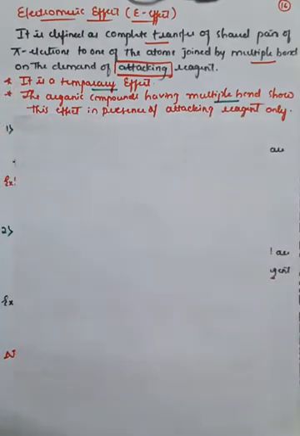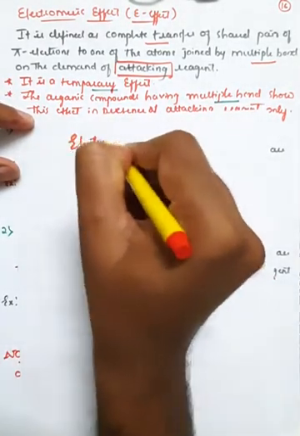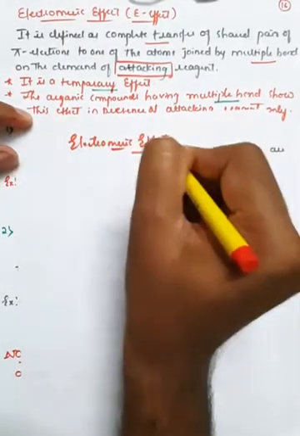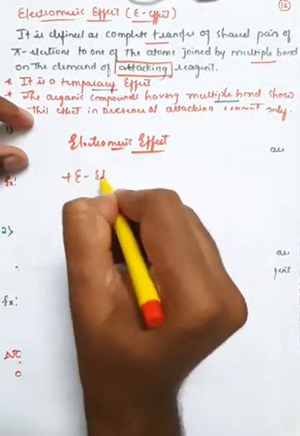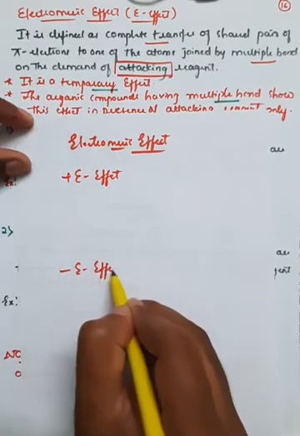So we'll do some rough work here. In case of electromeric effect, there are two types. One is called the plus E effect, another is called the minus E effect, right?